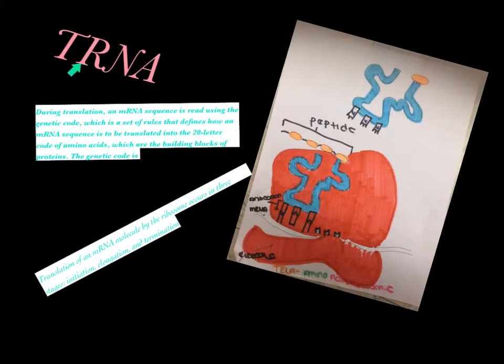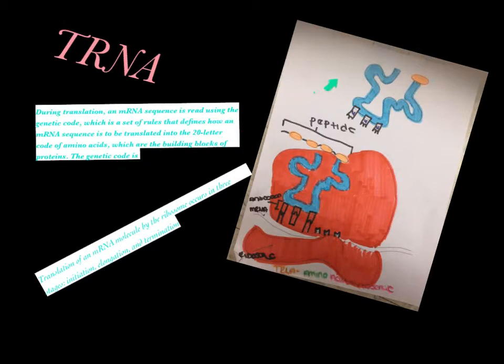So this is my tRNA. This talks about the translation. This is an mRNA sequence being read using the genetic code, which is a set of rules that defines how an mRNA sequence is translated into a 20-letter code of amino acids, which are the building blocks of protein.